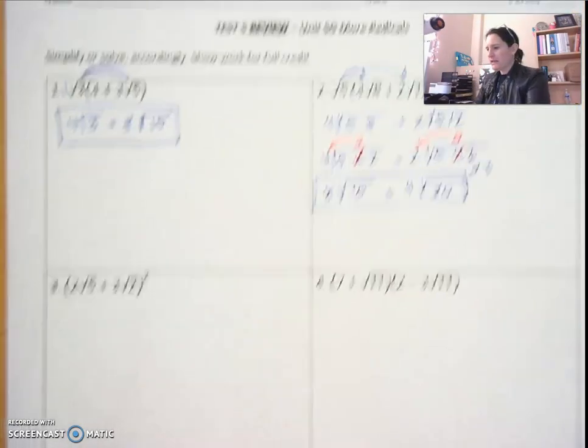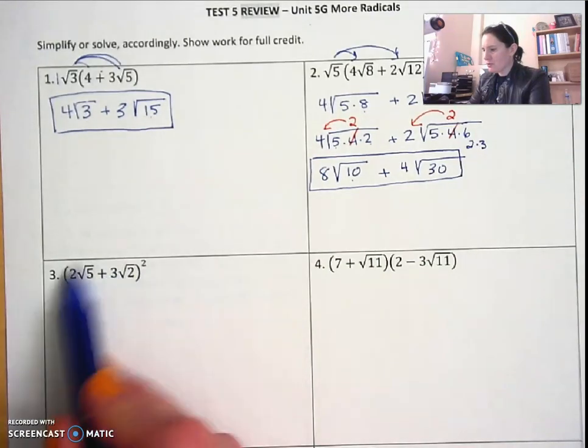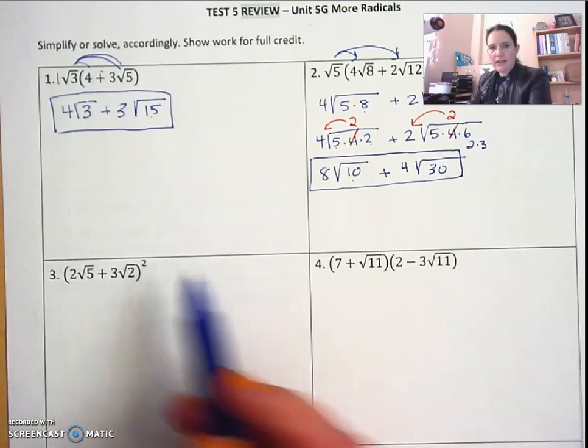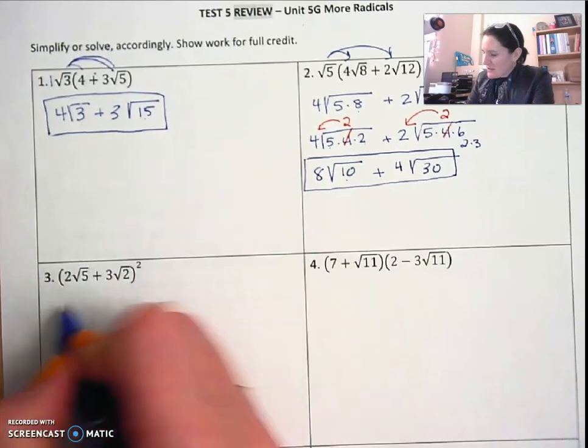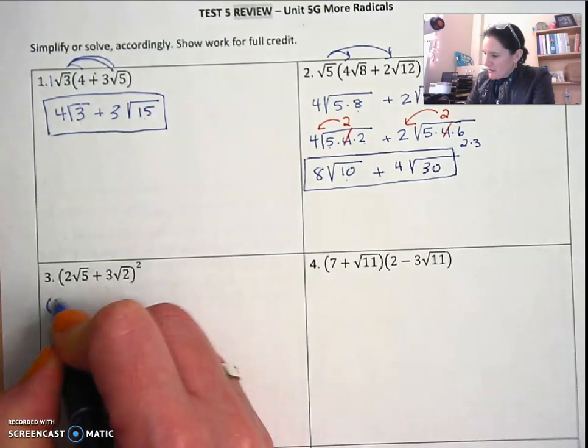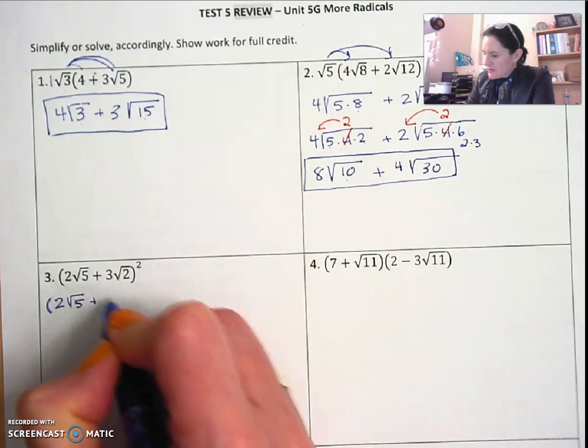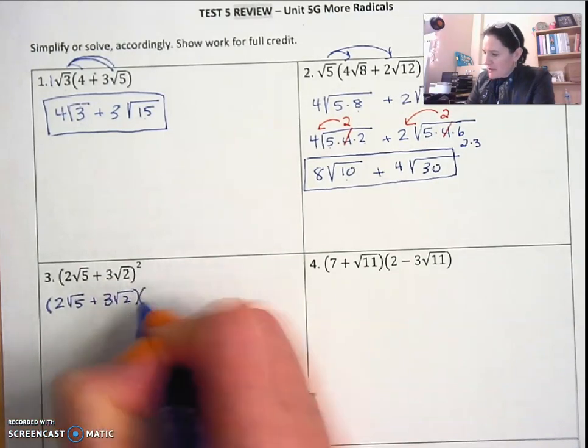On number 3, I have this group squared, and that means times itself. So this is going to be 2 radical 5 plus 3 radical 2 times itself.